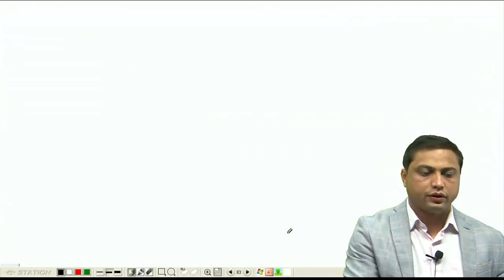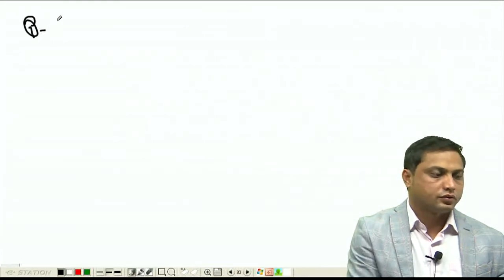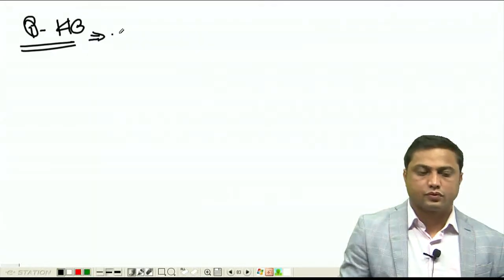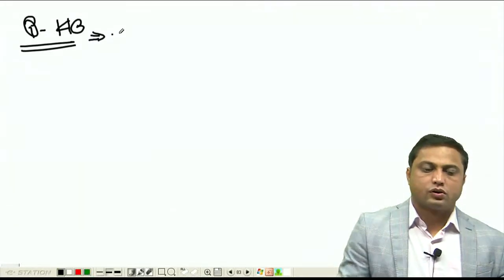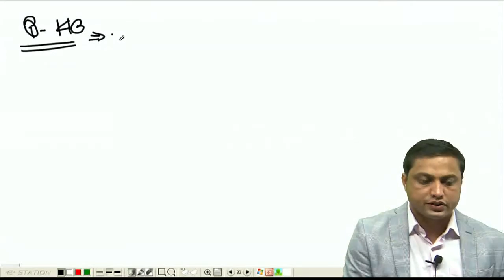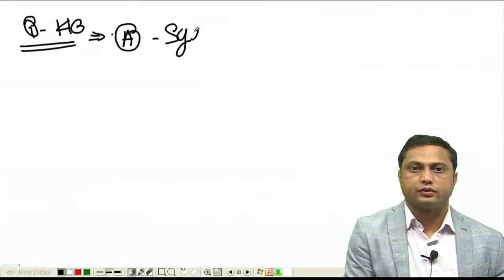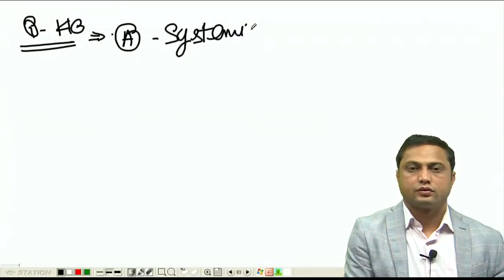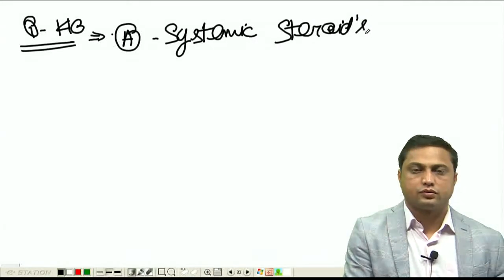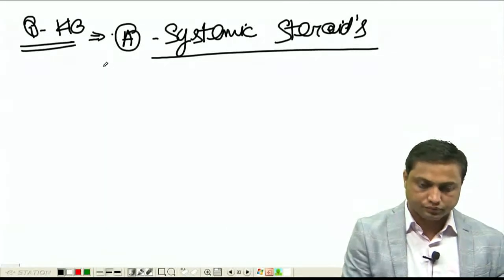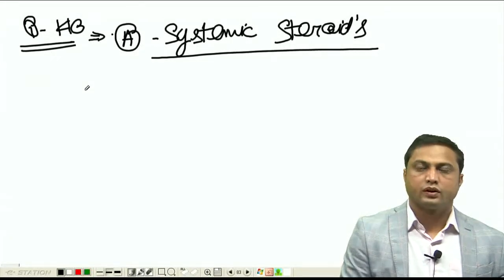Question number 140. Drug of choice in type 1 lepra reaction with severe neuritis is, answer is A, systemic steroids.